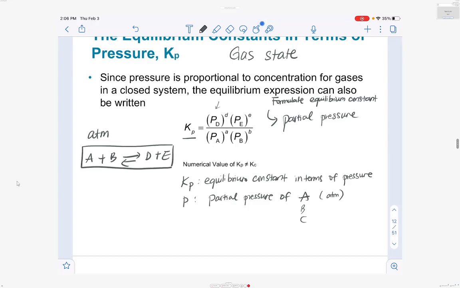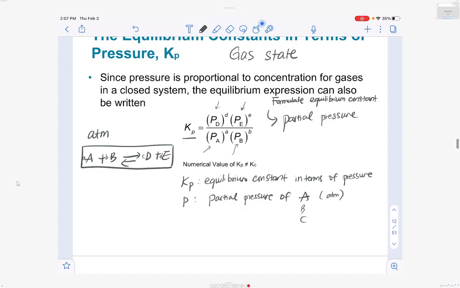PE is going to be partial pressure of compound E. PA is going to be partial pressure of compound A. PB is going to be partial pressure of compound B. A, B, C, D are the coefficients, and very similar to Kc, each of the partial pressures is going to be raised to the power equal to the coefficients in the balanced equation as well.